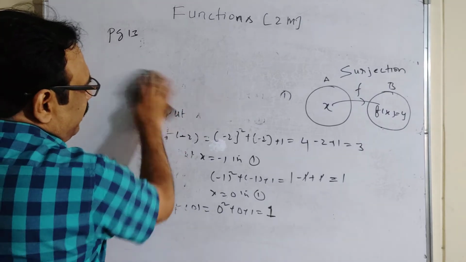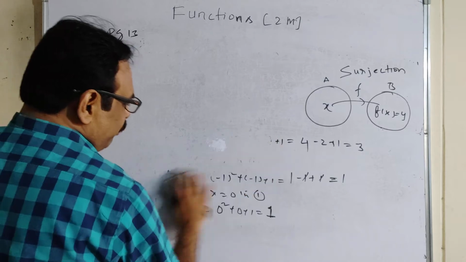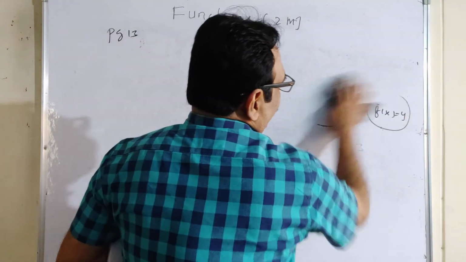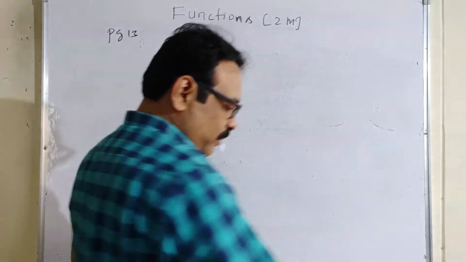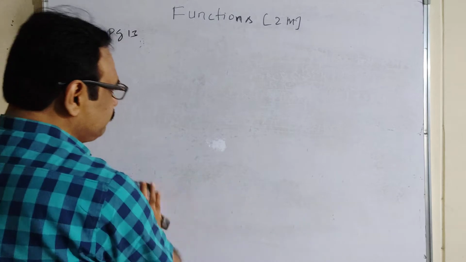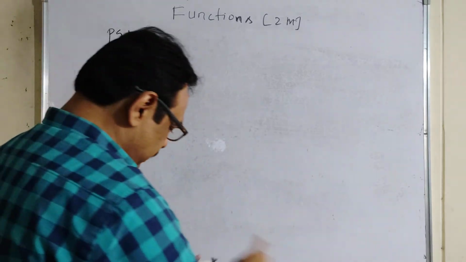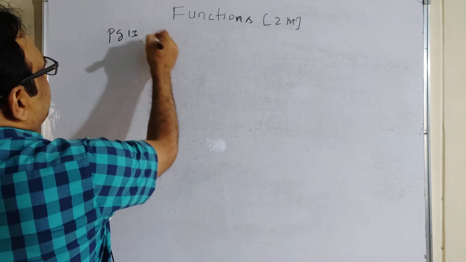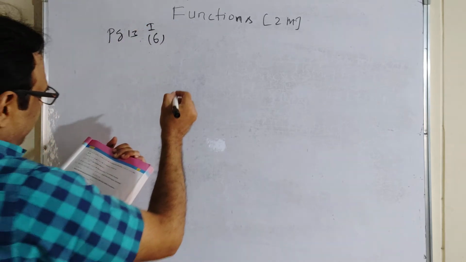Now, this is Roman number 1 of exercise 4A, in which you have this problem, problem number 6. Very simple.